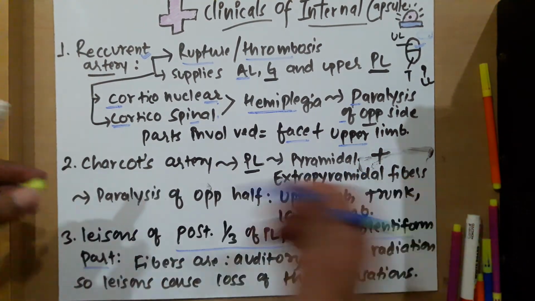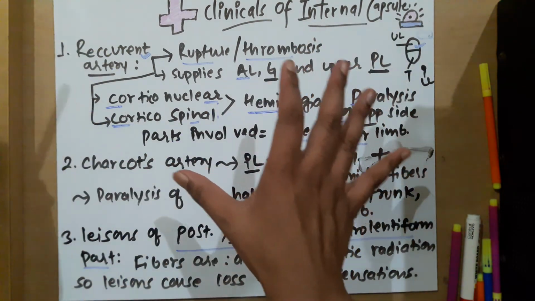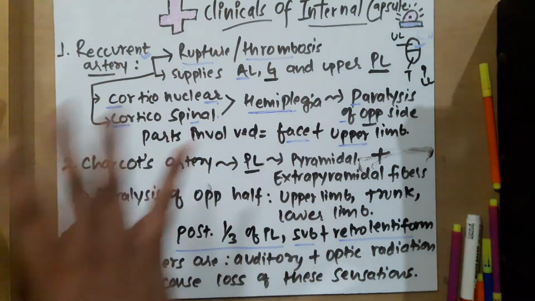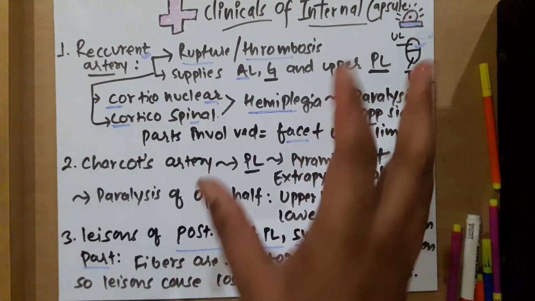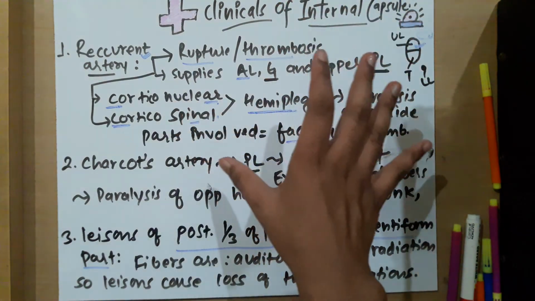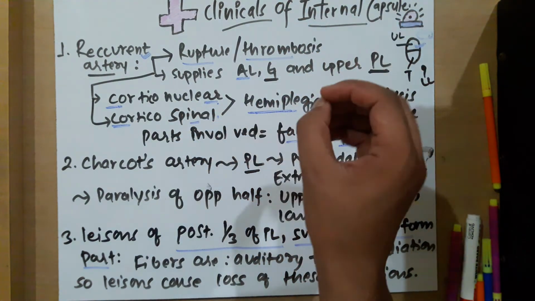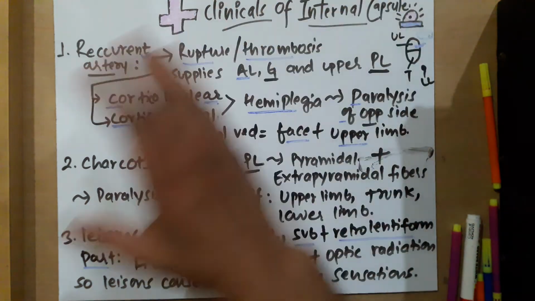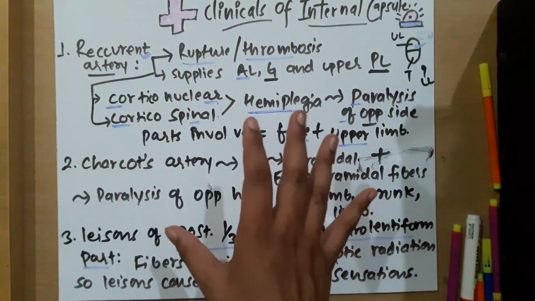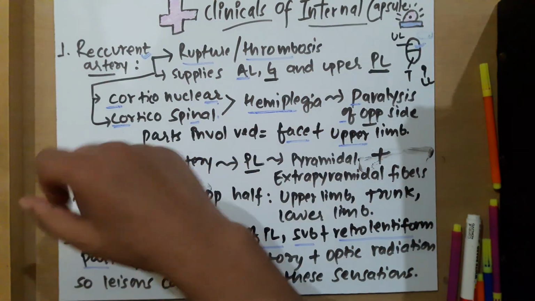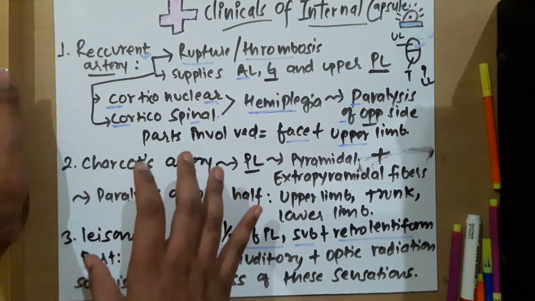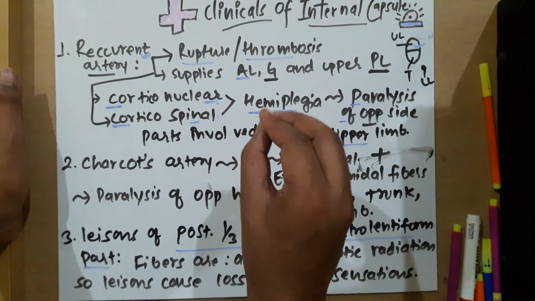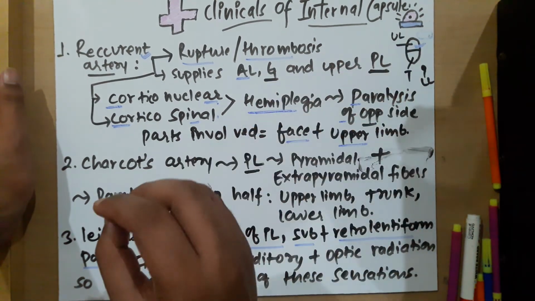So once again discussing these clinicals: recurrent artery, Charcot's artery, and the lesions in the posterior 1/3 of the posterior limb, sublentiform and retrolentiform part. Rupture and thrombosis will halt the blood supply to various parts of the internal capsule. If there is rupture or thrombosis in the recurrent artery, blood supply to the anterior limb, genu and upper posterior limb will halt.